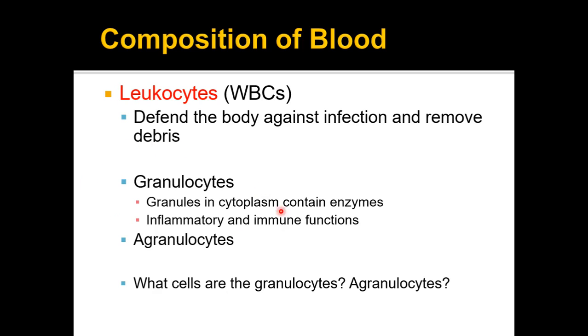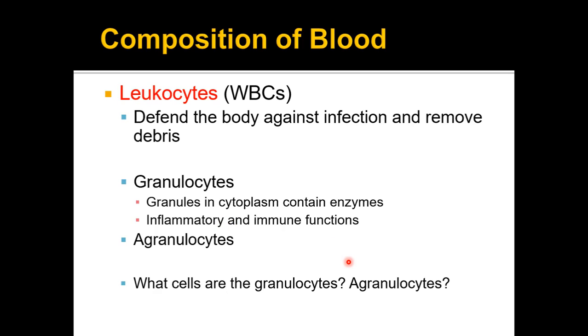So the first group we have are called the granulocytes. And they're called granulocytes because it looks like there's granules or little bits of sand or chunks within the cytoplasm, but basically these granules are packets full of enzymes and other things that help that white blood cell do its job. And we do have granulocytes that participate in the inflammatory system as well.